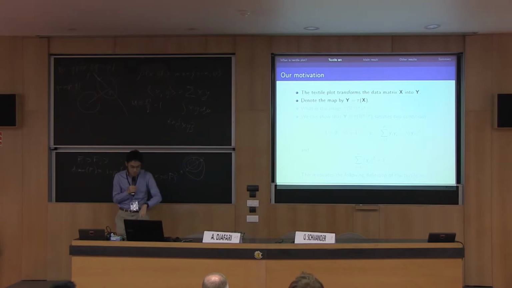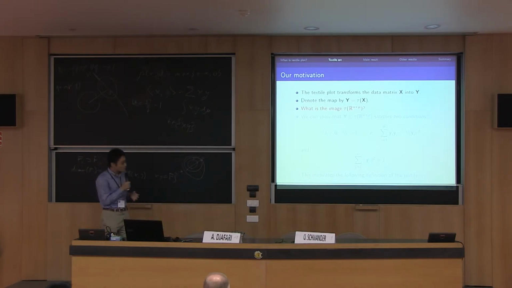Okay, the textile plot transforms the data matrix X into Y anyway. So denote the map by Y equals tau of X. And our problem is, what is the image of this map?